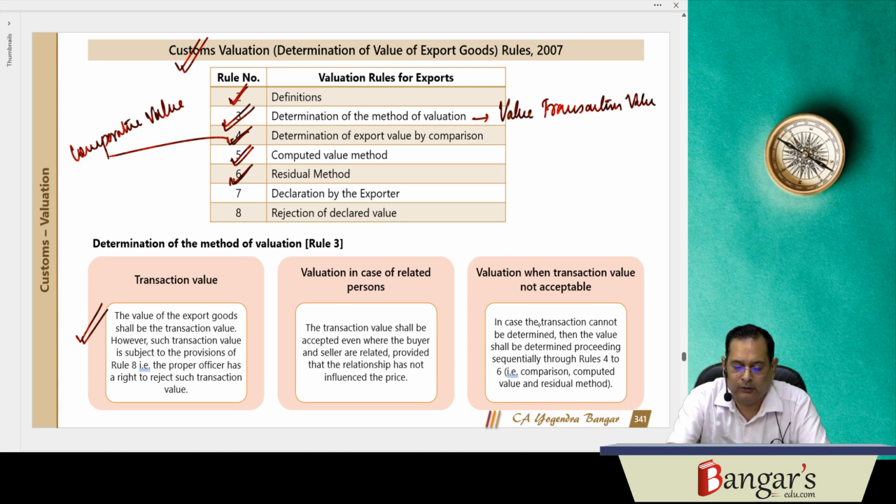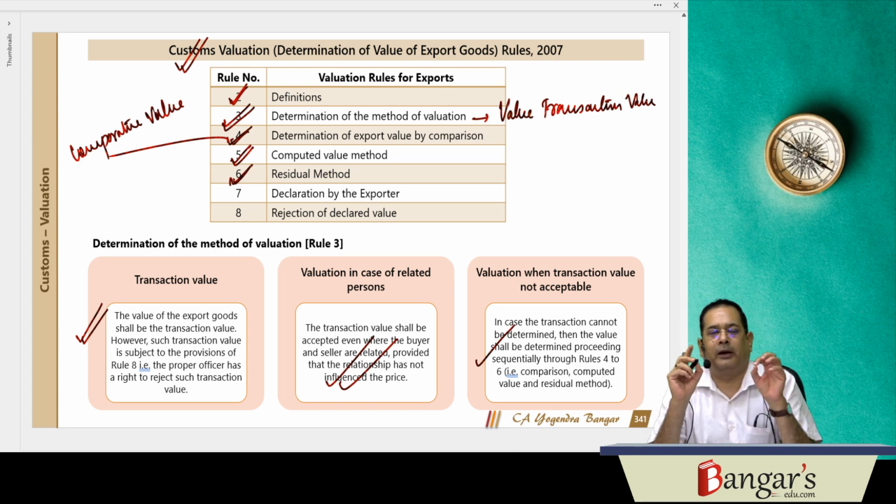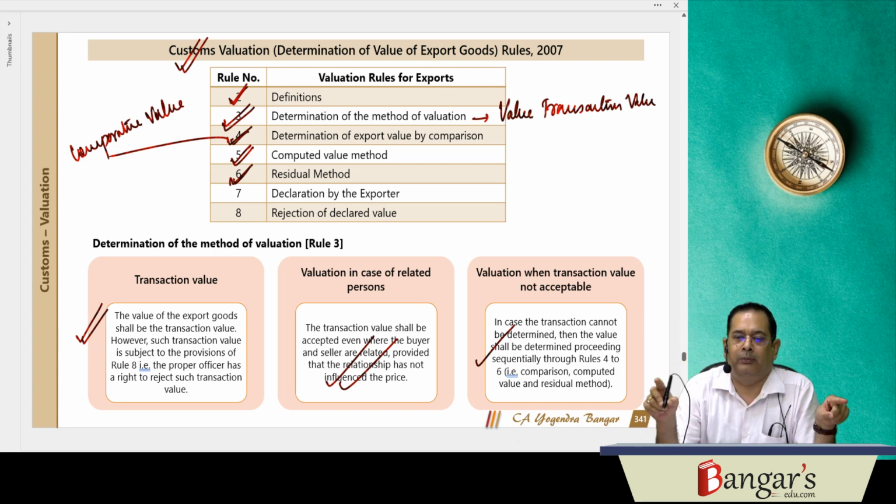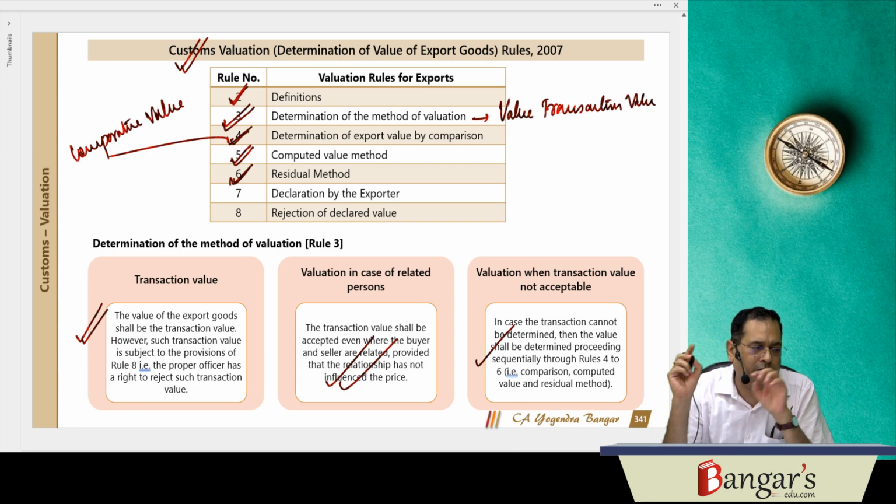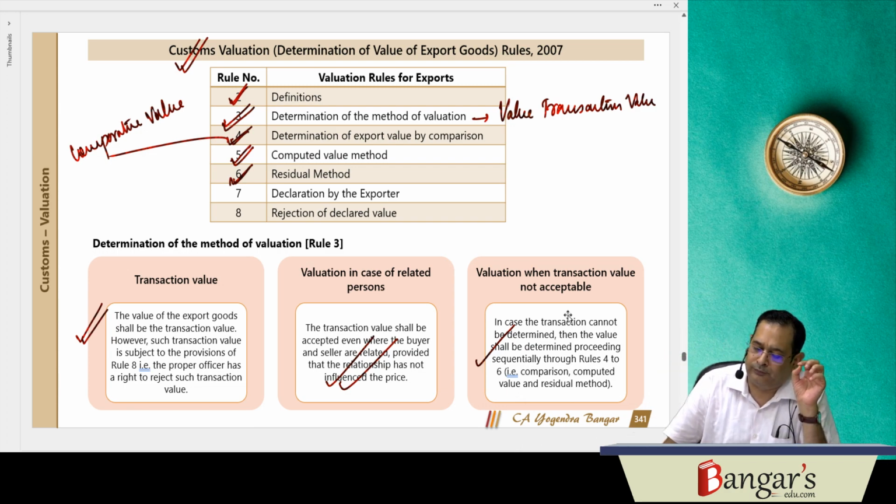This transaction value shall be accepted even when the buyer and seller are related, that is, the exporter of India and importer related, provided the relationship does not influence the price. And if the value cannot be determined as per Rule 3, then the value will be determined proceeding sequentially from Rule 4 to Rule 6.